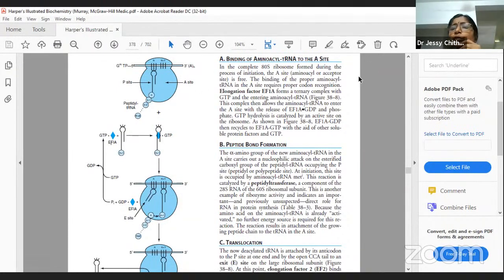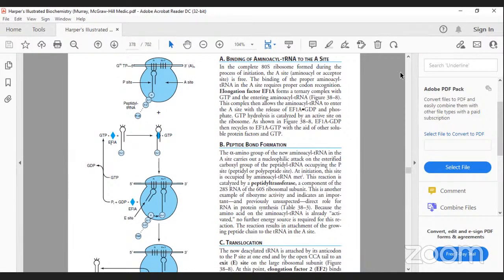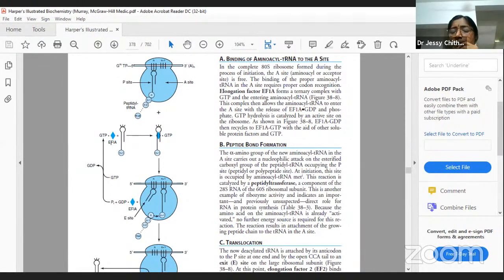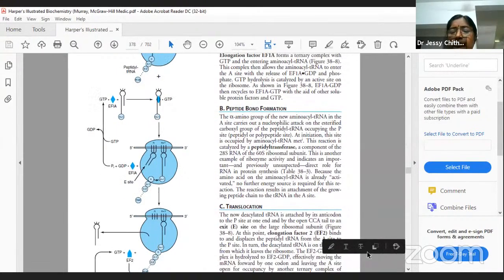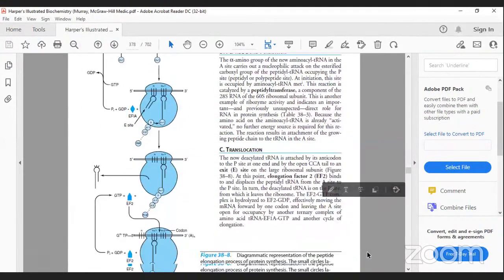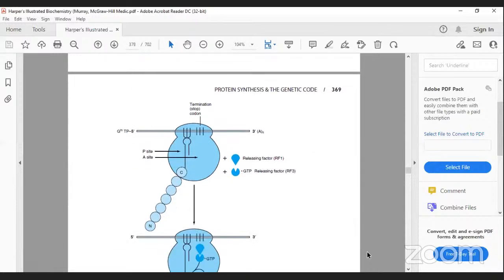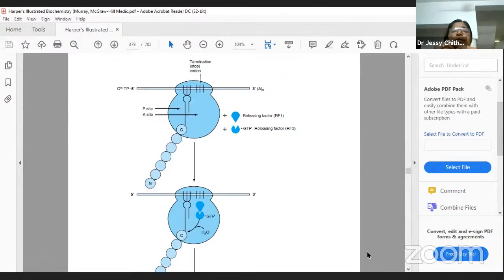Now, moving on to the termination phase. So, the next step is termination. During the termination, if a stop codon comes at this region, which are the stop codons?